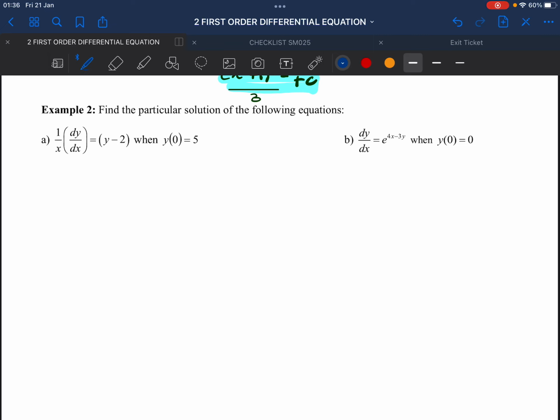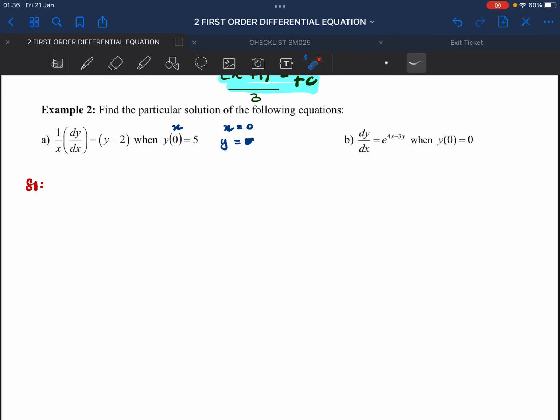So we have 1 over x dy over dx is equal to y minus 2, when y(0) is equal to 5. Remember, inside here is your x. So that means your x is equal to 0, your y is equal to 5. The first step for separable variables is to separate your x and your y.